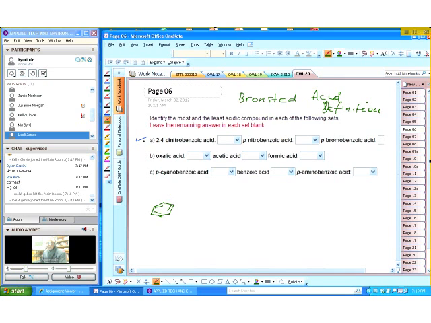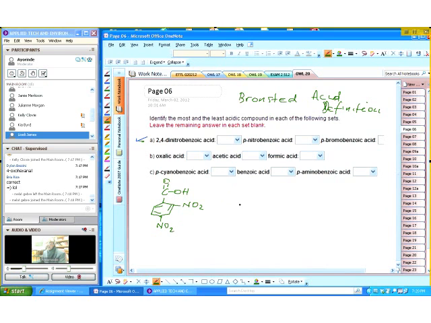Say for example, let us take a look at this molecule here, 2,4-dinitrobenzoic acid. We have benzoic acid. Say 2,4-dinitro. We have a nitro group here. We have another nitro group here. That is 2,4-dinitrobenzoic acid.